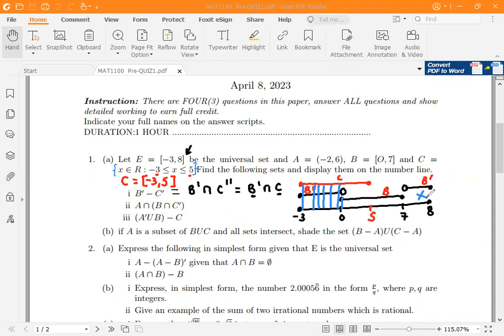The intersection needs the common piece. The common piece here is from -3 all the way up to 0, with -3 included, but 0 is not included, because it's in C, but not in B complement.